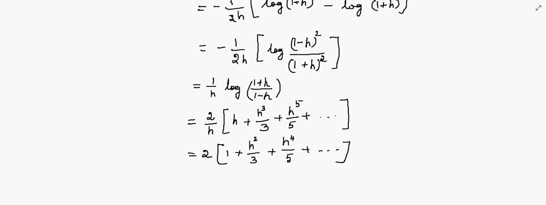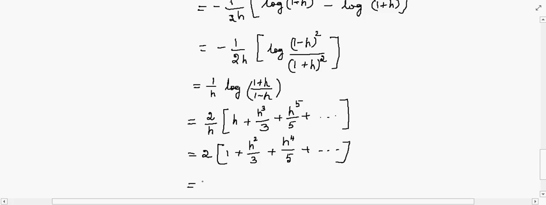Now equating the powers of h. Just one more line will simplify this. So I can write this as 2 into sigma n equal to 0 to infinity, h power 2n, and the denominator is an odd number. So the general notation for the odd number is 2n plus 1.